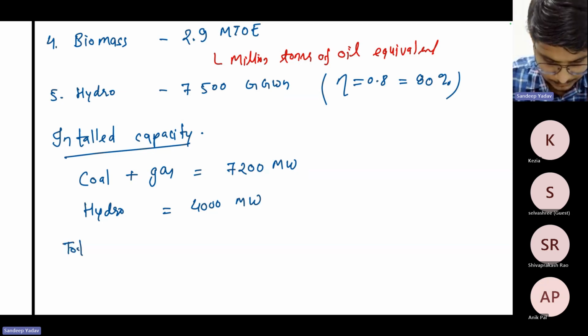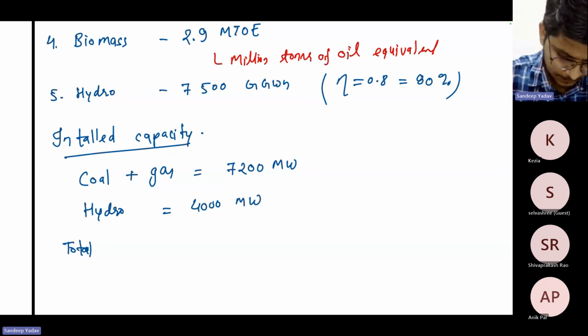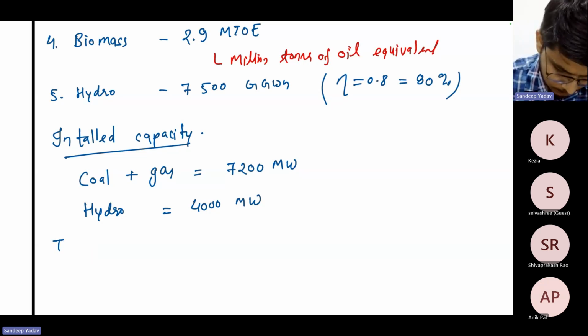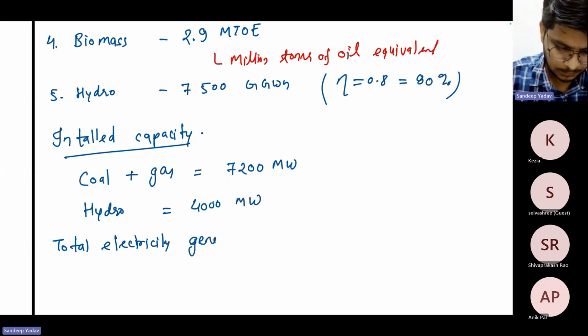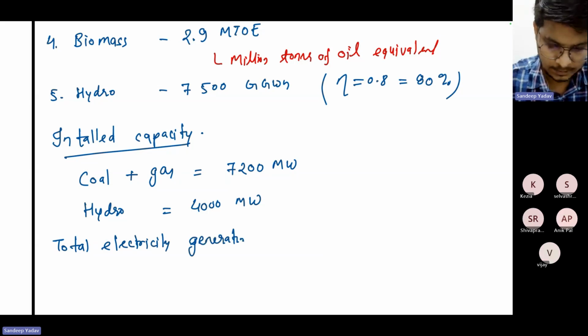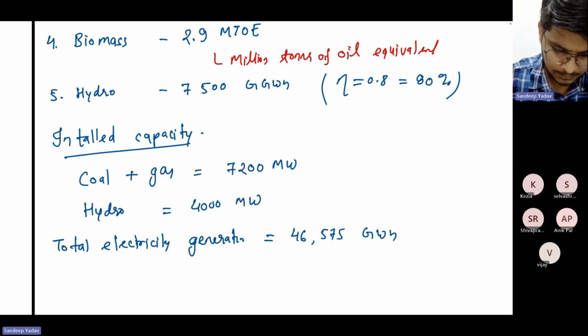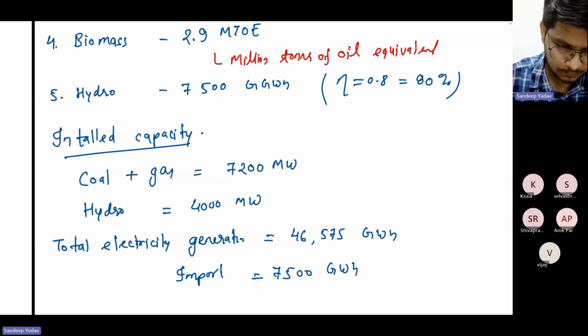Now total electricity generation is 46,575 gigawatt hour, and out of which import is 7,500 gigawatt hour.